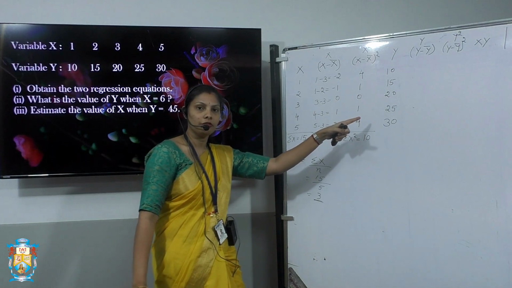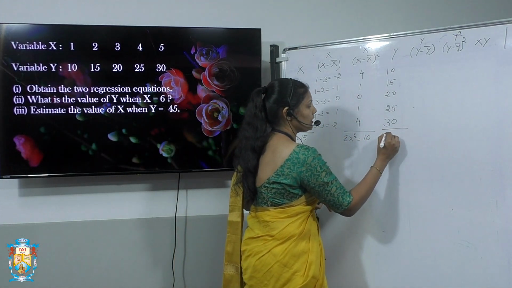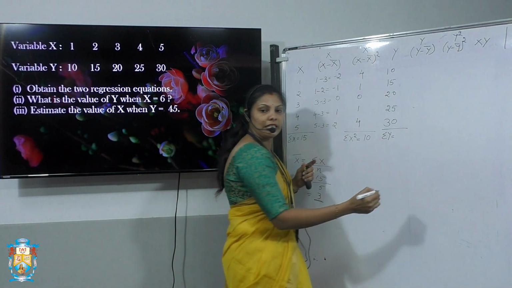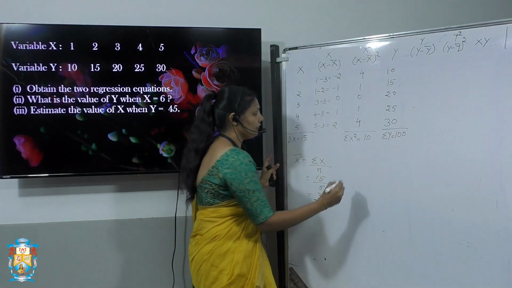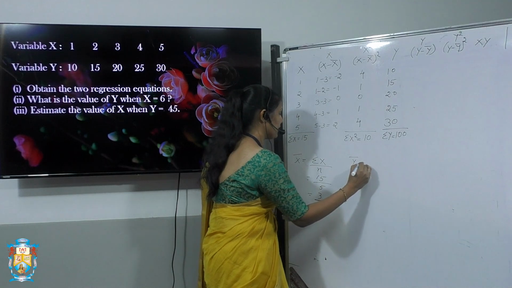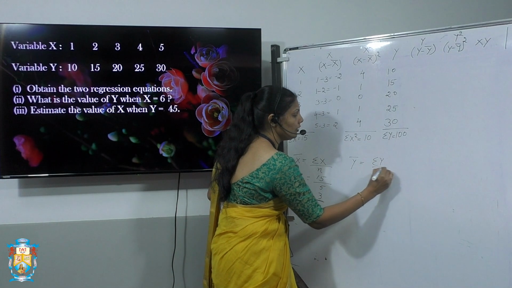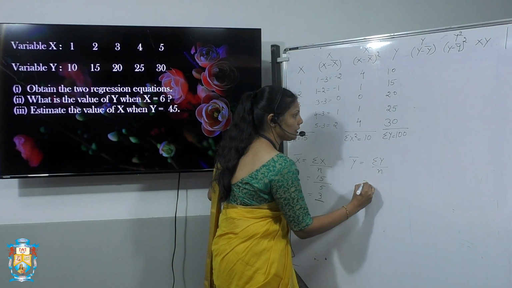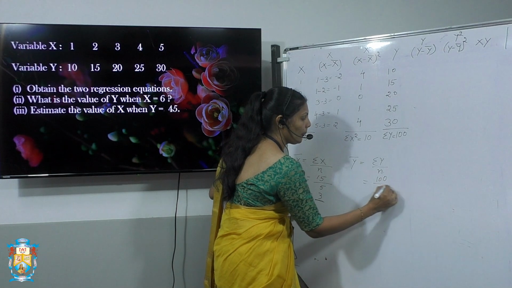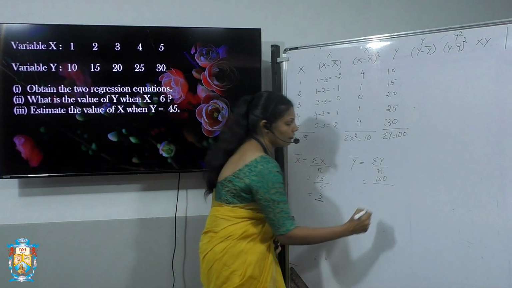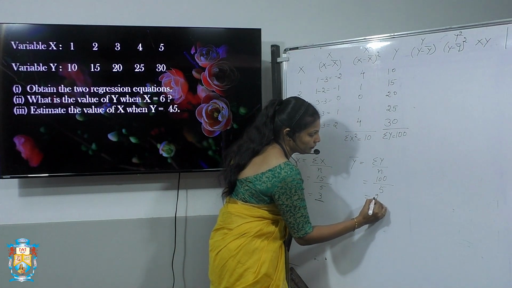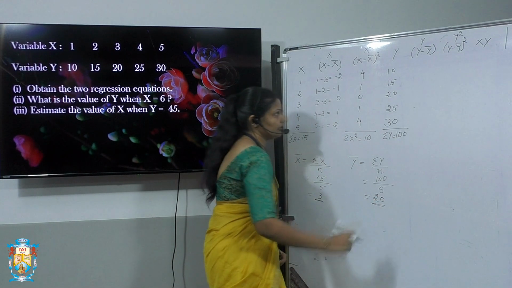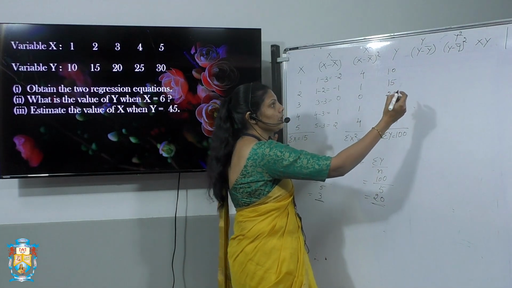Similarly, we have to do it for y. What is summation y? Summation y is 100. Now we have to find the y bar. Y bar is nothing but summation y by n, where summation y is 100 and n is 5. So we get 20.